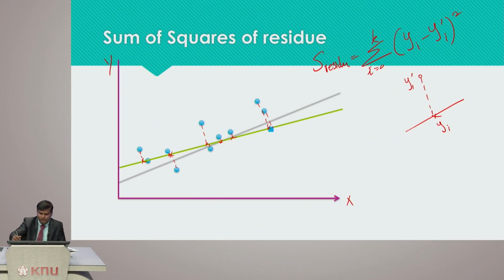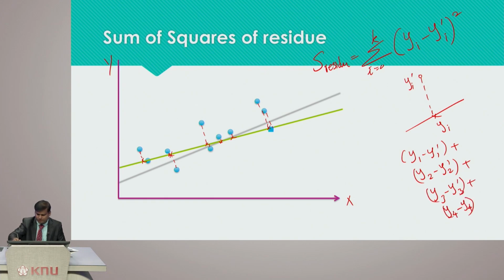So you are going to form yi minus yi prime, plus y2 minus y2 prime. Since it's over i, we go from 1 onwards until all the values are covered, and so on.